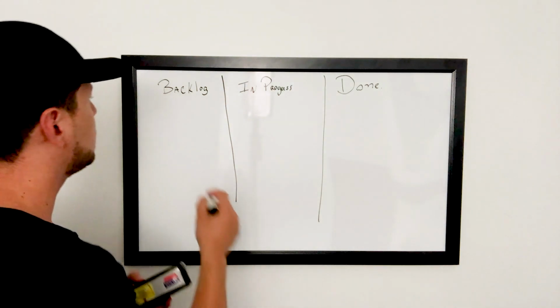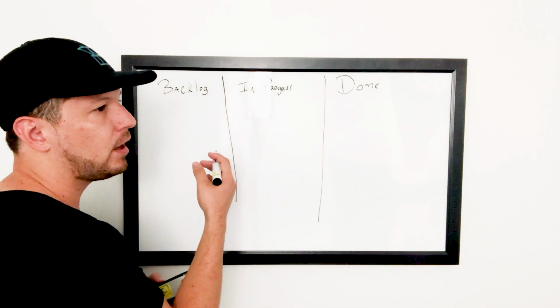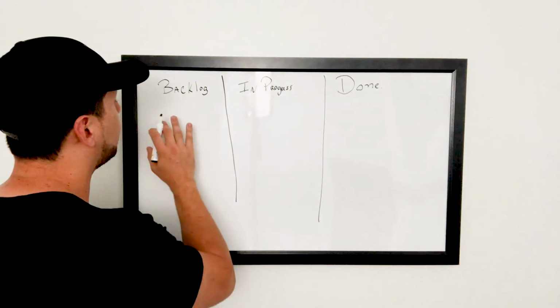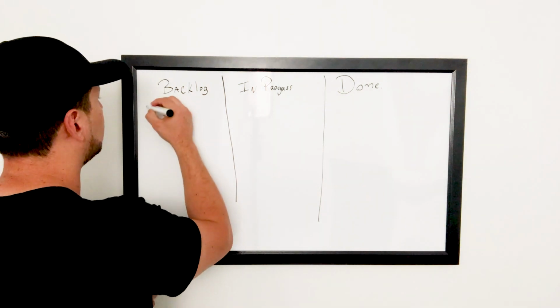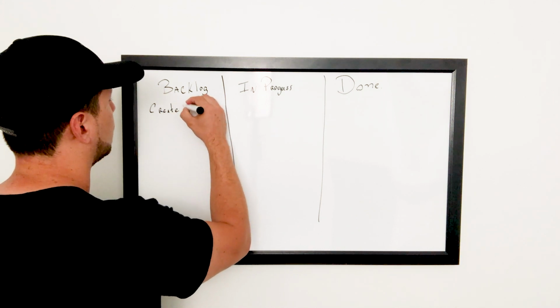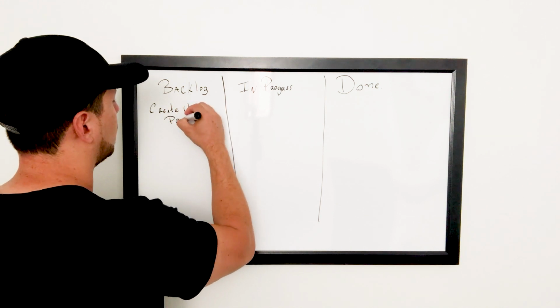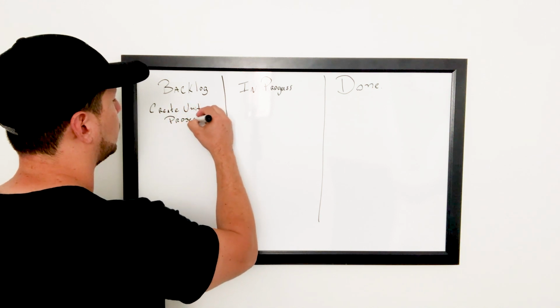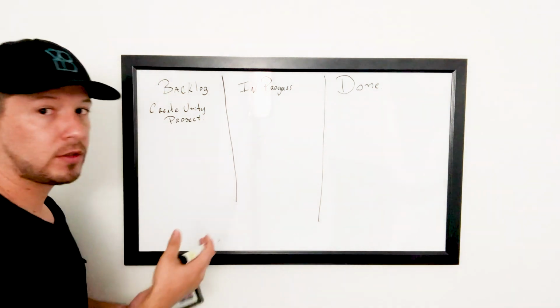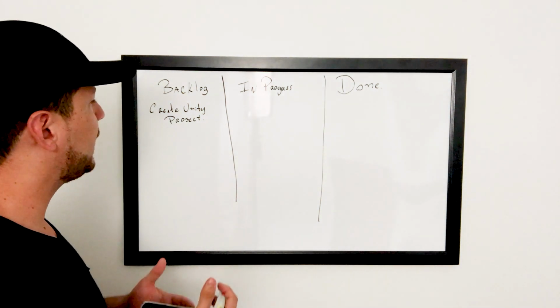I want to add enough work here for at least one week so that we have enough to work with. I know that I have to come up with an idea, and we'll need to prototype an idea. But before we do that, we'll need to create a project. So we'll create a Unity project. We also want to create a repository to store our code, and there are many different tools.